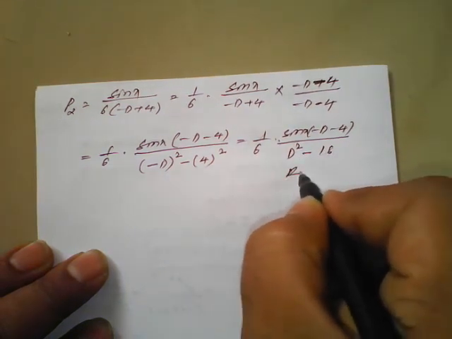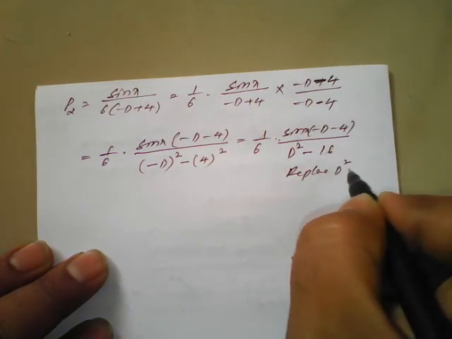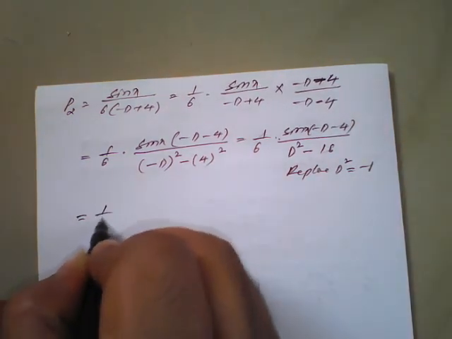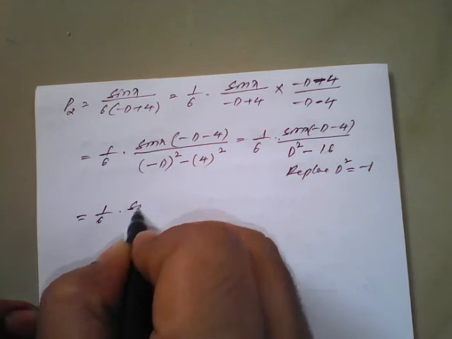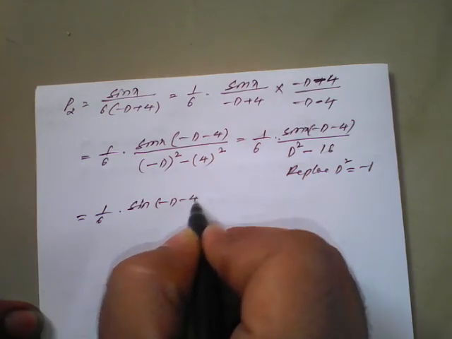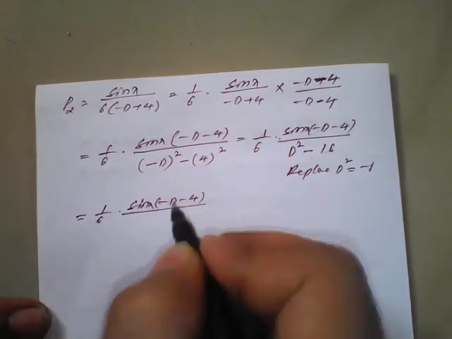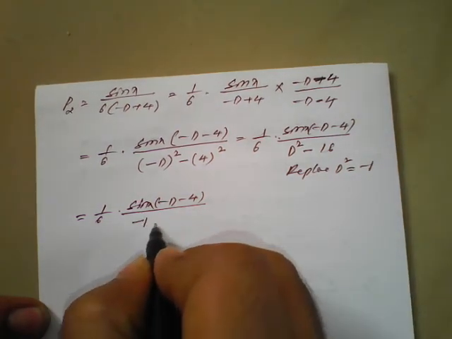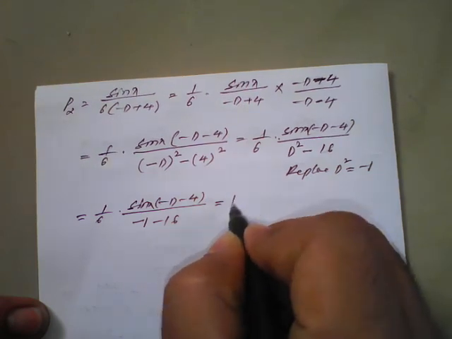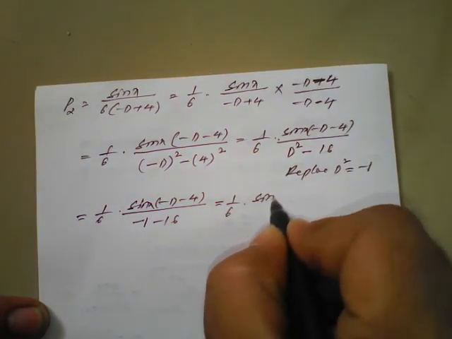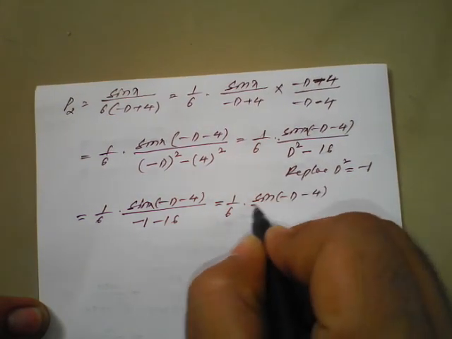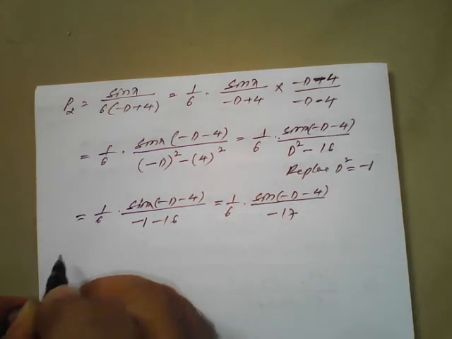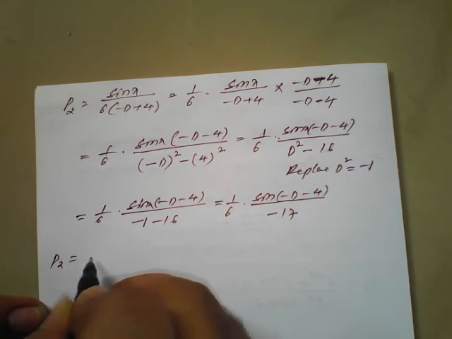Again we got D squared, so replace D squared equal to minus 1. So therefore we'll get 1 upon 6 times sine x of minus D minus 4 divided by minus 1 minus 16, which is nothing but 1 by 6 into sine x of minus D minus 4 divided by minus 17. So finally our P2 will become what here?